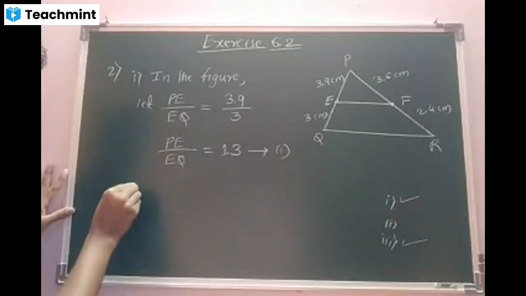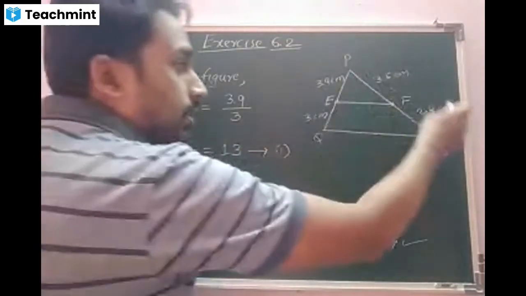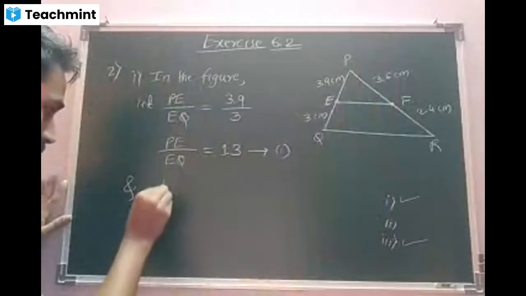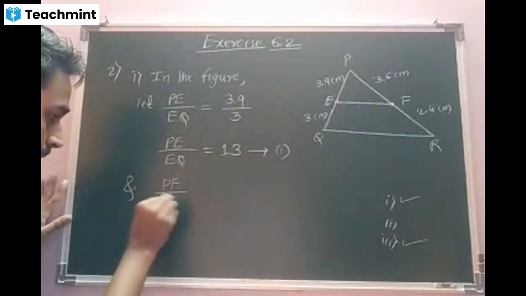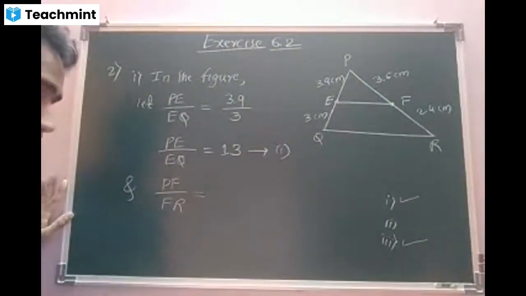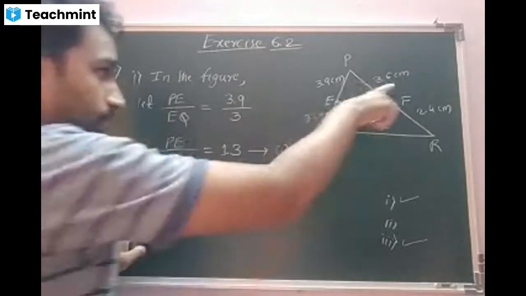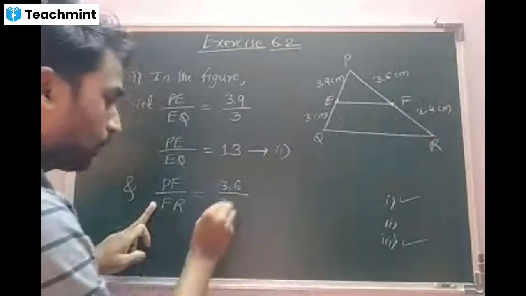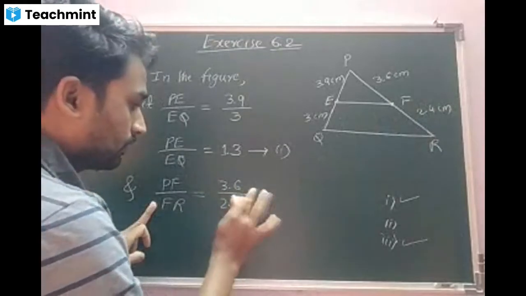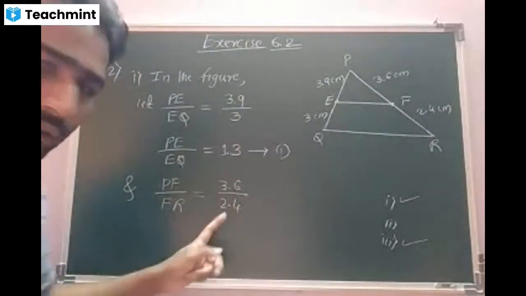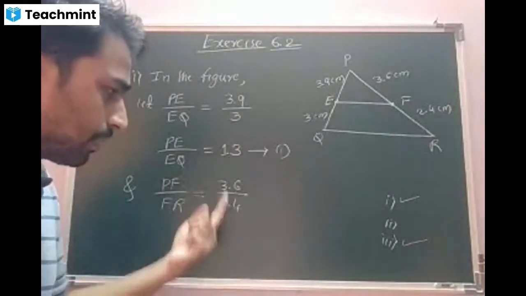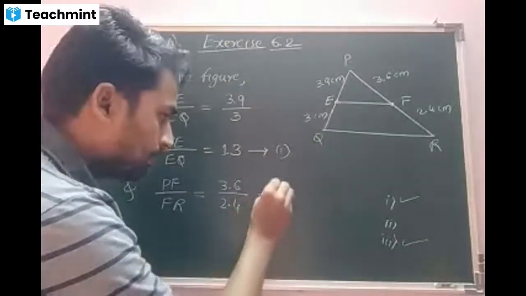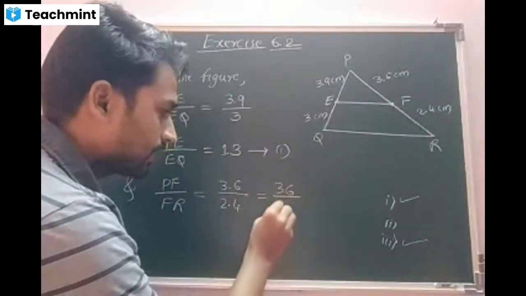Yes, sir. And the other side, what is the ratio beta? PF by FR. The value of PF given is 3.6 and FR is 2.4. How to solve? Beta, look at this. No need of converting into the fraction because decimal places are same. Since they are same, directly you can write it as 36 by 24.